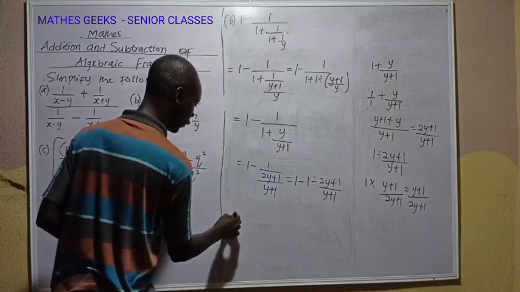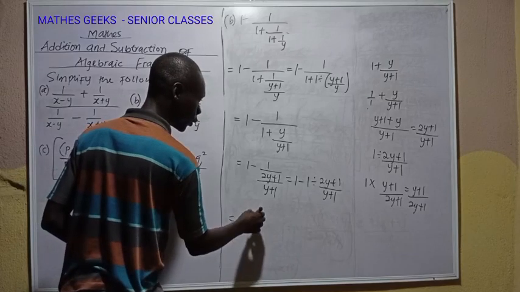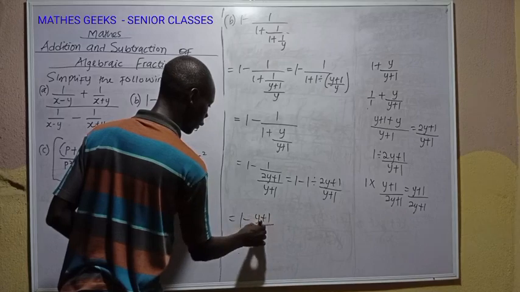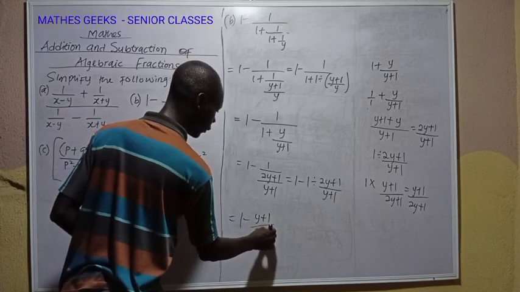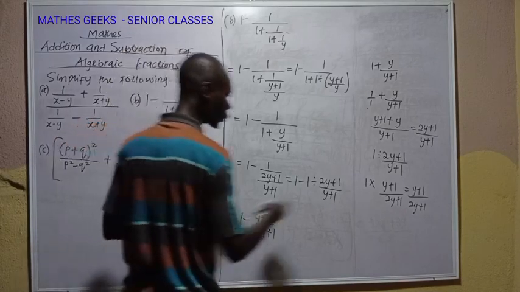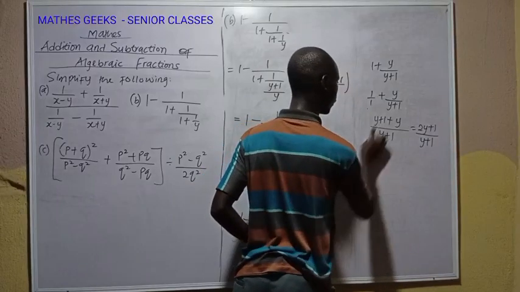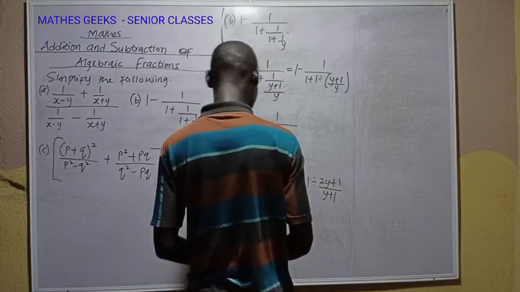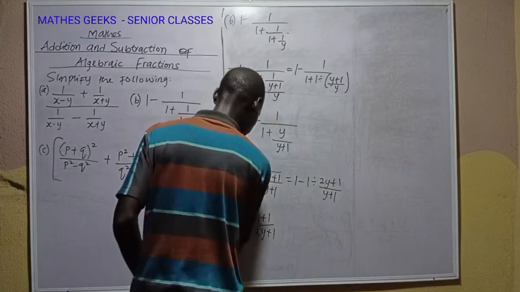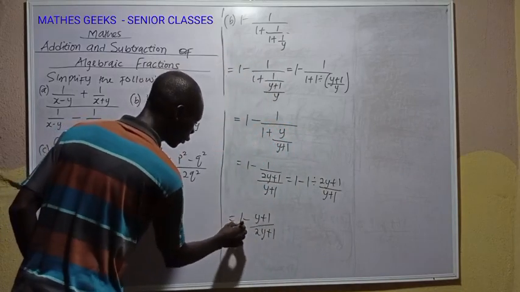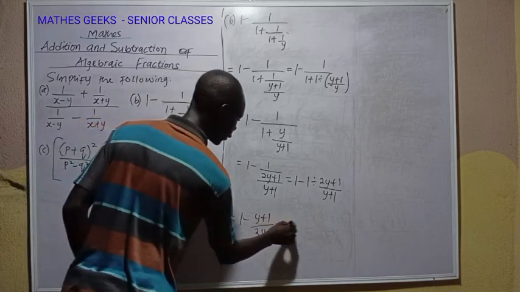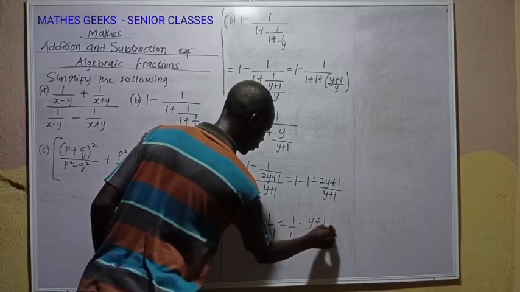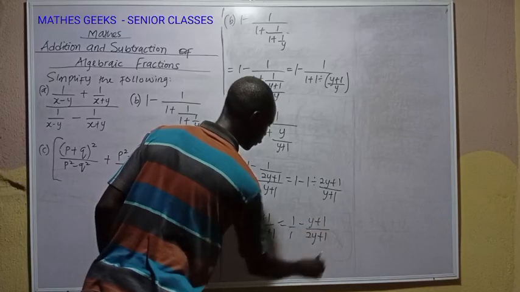So eventually we have 1 minus y plus 1 over 2y plus 1. Okay, so this is 1 over 1 minus y plus 1 over 2y plus 1.